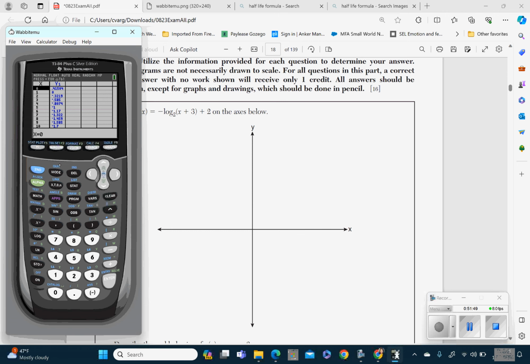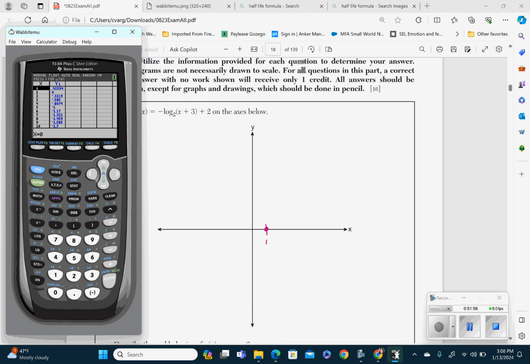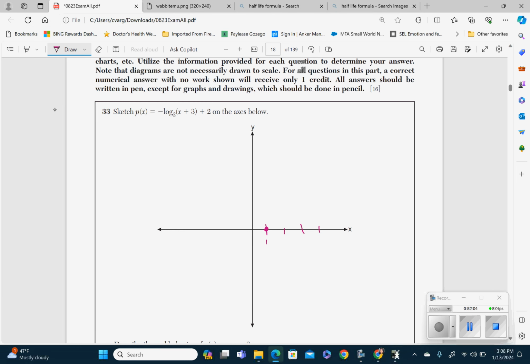So across from 1 is 0. So this is 1. So 1 comma 0. I'm going to put a point there. Let's see another good one to plot. 5, negative 1. Okay, so 2, 3, 4, 5. And then I'm going to go to negative 1. So 5, negative 1. I'm going to put a dot.